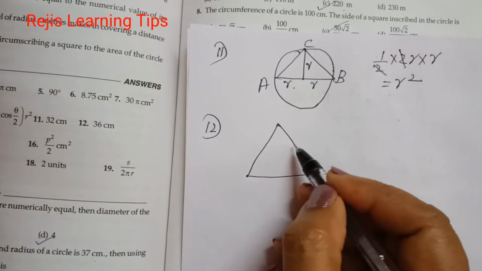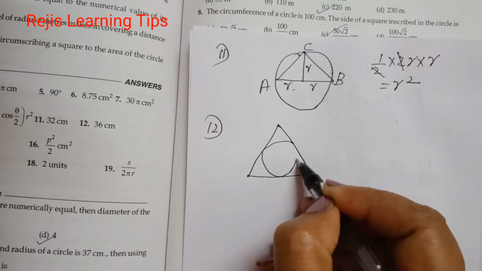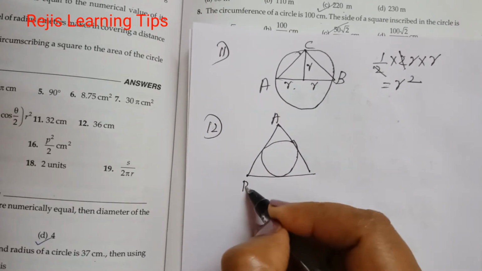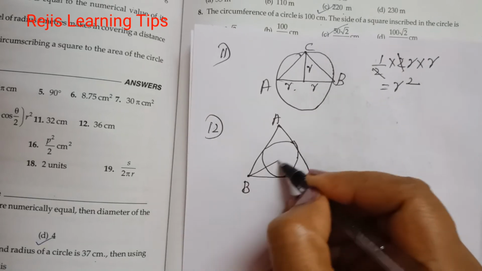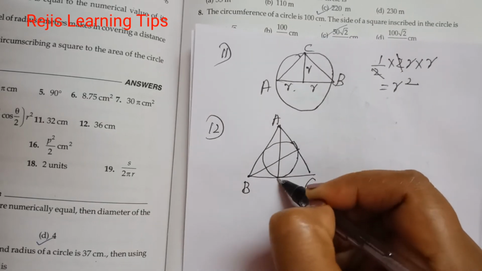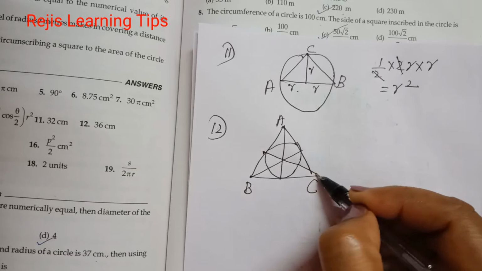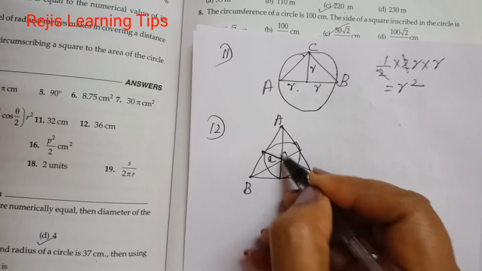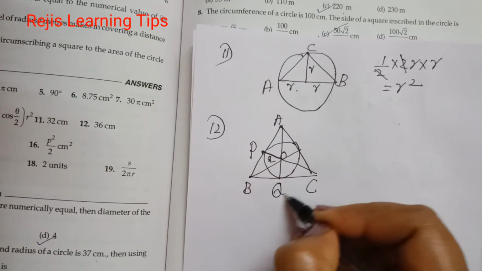Triangle, and this is the incircle. Triangle ABC, and these are the angle bisectors. This is the radius of the circle and this is center O. This is P, Q, R.